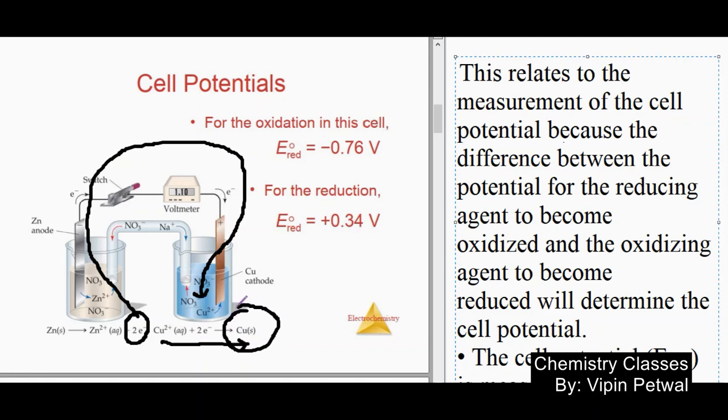In this way we can say that the potential for the reducing agent to become oxidized: this one is the reducing agent, this zinc. This is the reductant, meaning reducing agent.